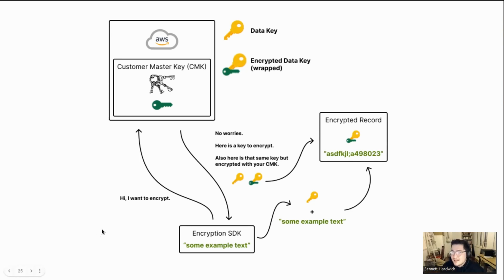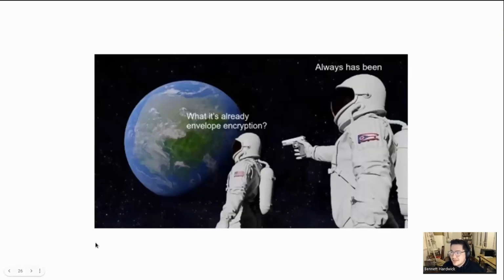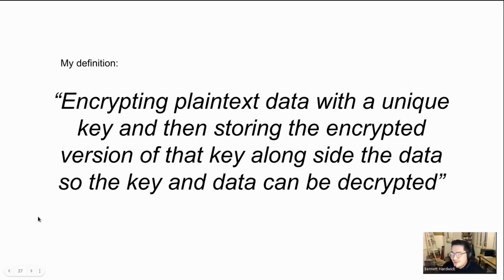So I've got this little meme here for you. This is my realization. Wait, the KMS client libraries, it's been doing envelope encryption all along. So I thought I'd try and revise the definition that was originally posed.